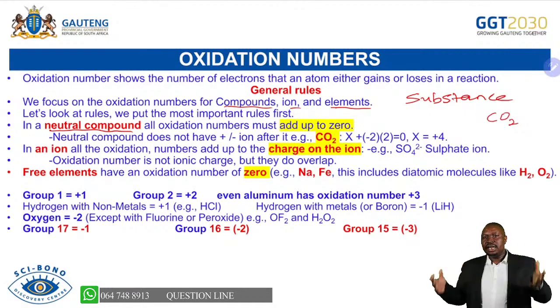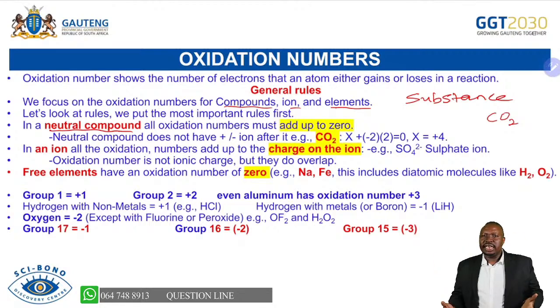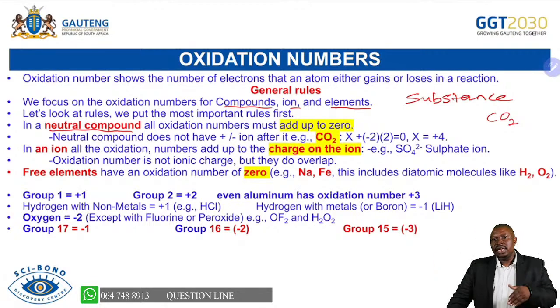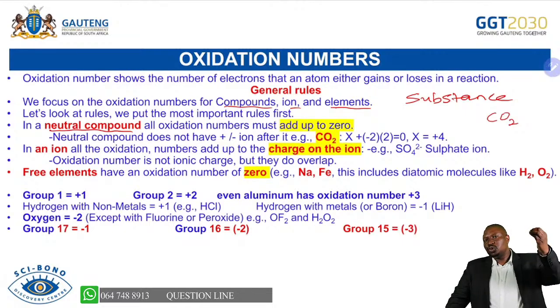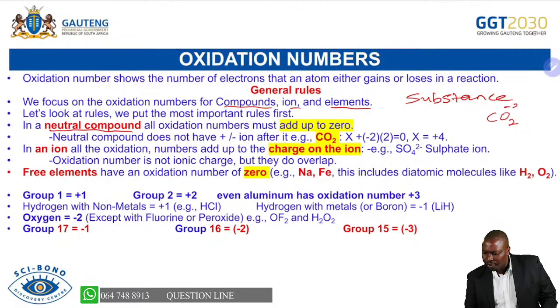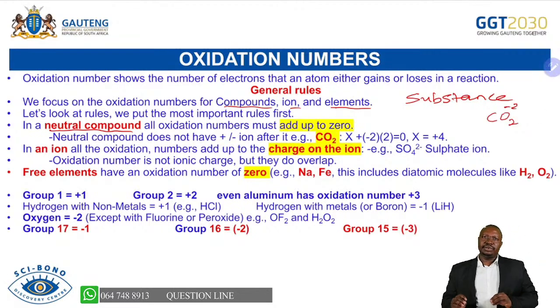Remember, we're saying the octet rule, we want to have 8 electrons in the outermost energy level. So if you check group 16, you'll see that they have 6 valence electrons. So oxygen would like to gain 2 electrons, and when it gains 2 electrons, it becomes -2. Hence, we assign -2 to oxygen there.